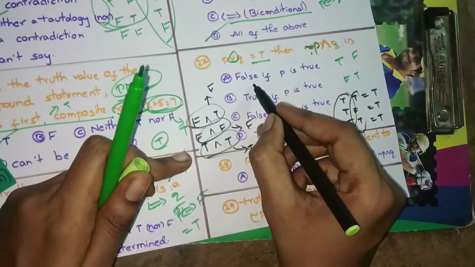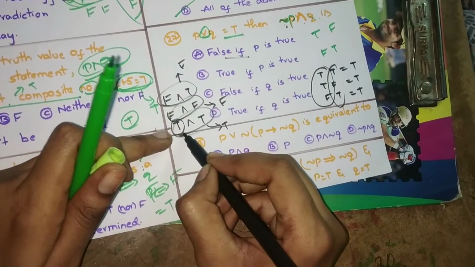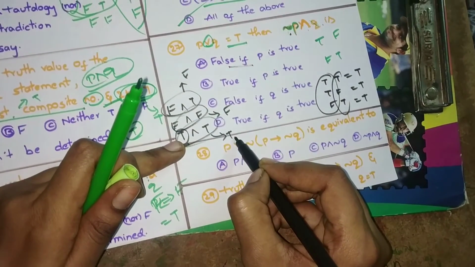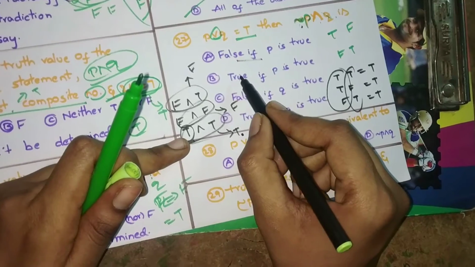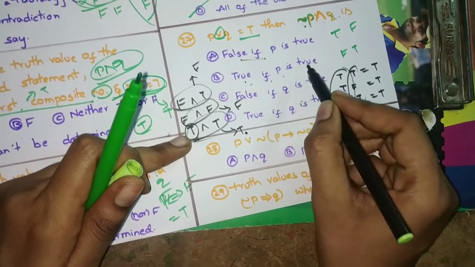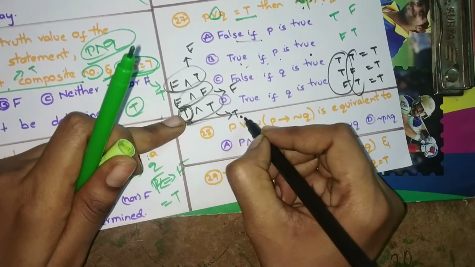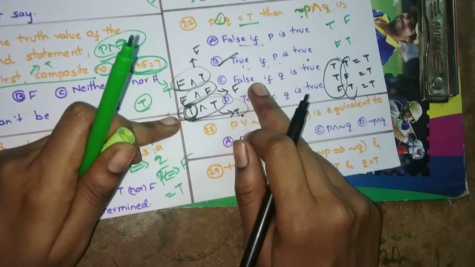Now see the options. False if P is true. If P is true, then it will become false. No. Now see this second option. True if P is true. If P is true, then it will become true. Yes, this will satisfy.